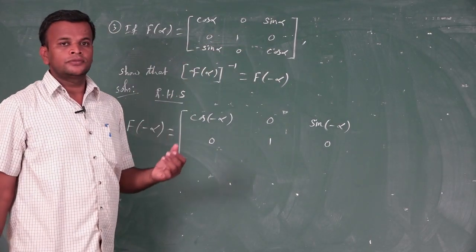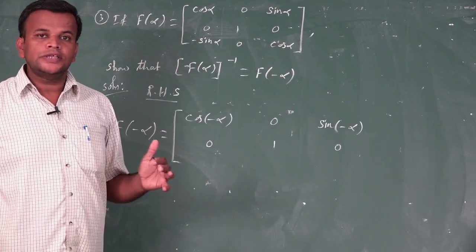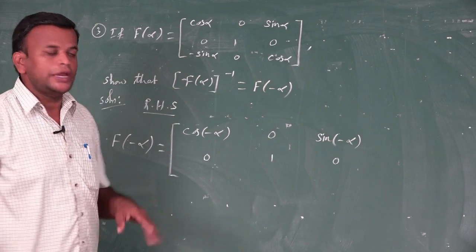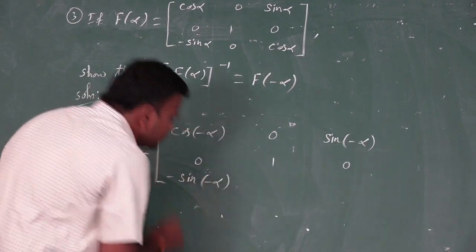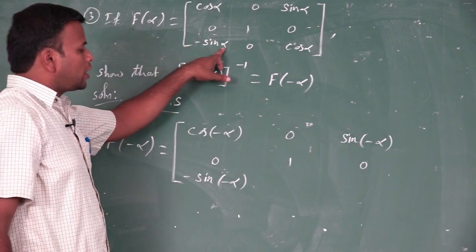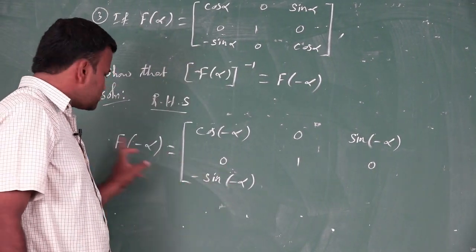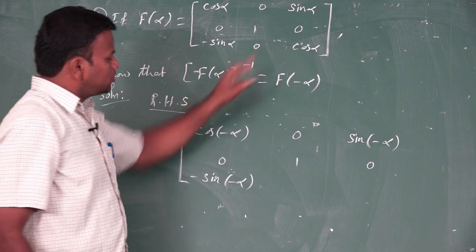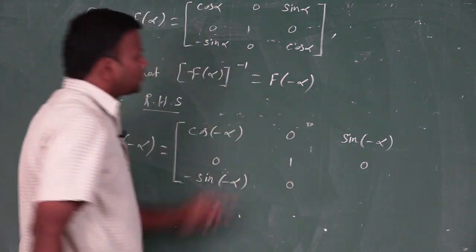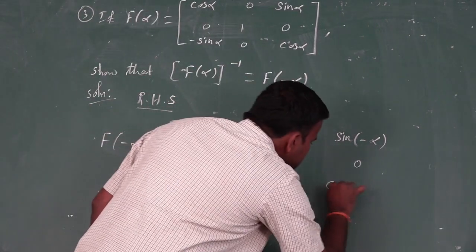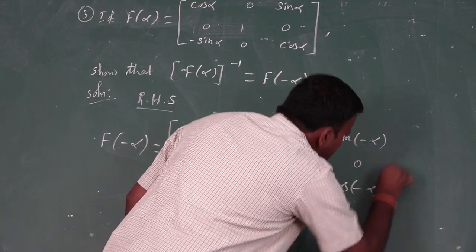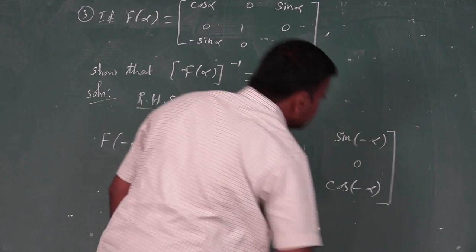And the third row: again, whenever alpha is there, we replace alpha by minus alpha. Minus sin alpha becomes minus sin of minus alpha, then 0, and cos alpha becomes cos of minus alpha.